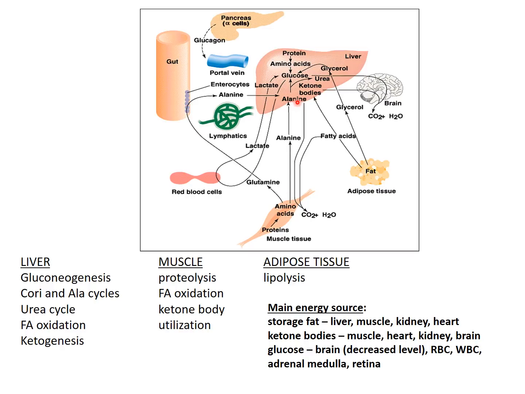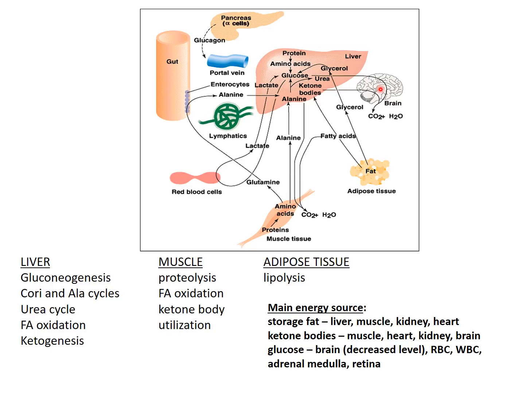So alanine is going to the liver, lactate is going to the liver, everything will help to produce glucose, including glycerol from triglycerides. Fat is going to the liver to produce, through beta oxidation energy, but also ketone bodies.